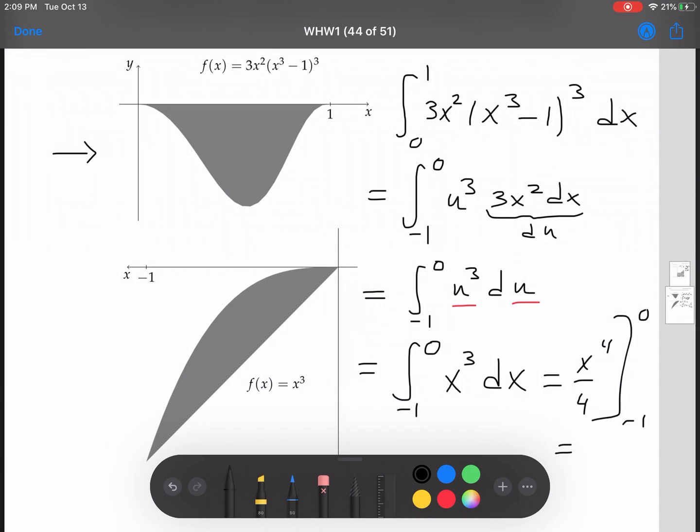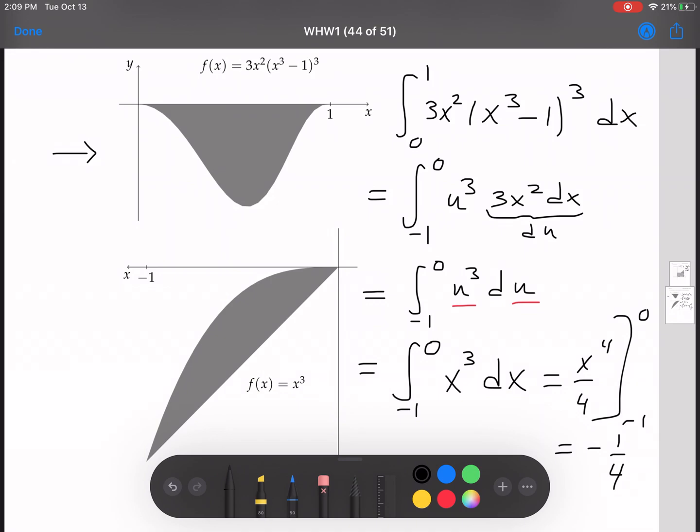So you put in a 0 in there. Right, so it's -1/4. So the area isn't actually -1/4. That's just because the area is below the x-axis, so the integral assigns a negative to it.